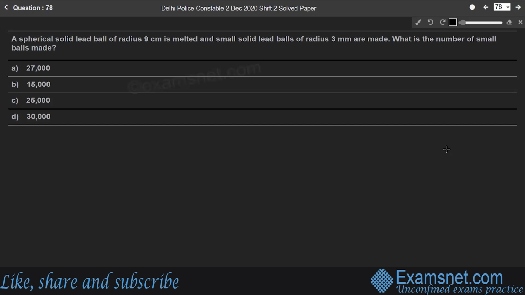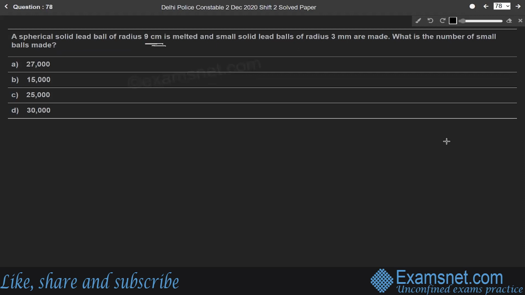Question 78. A spherical solid lead ball of radius 9 cm is melted and small solid lead balls of radius 3 mm are made. What is the number of small balls made? Here it is given that the radius of small balls is equal to 3 millimeters, right?